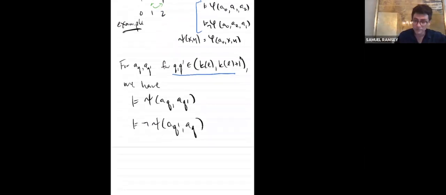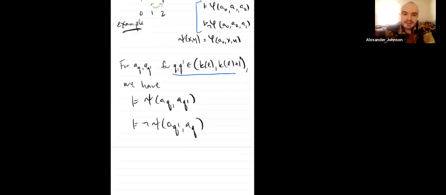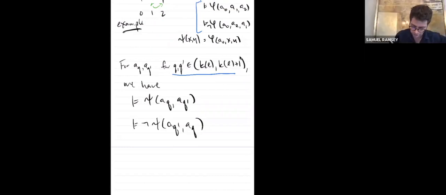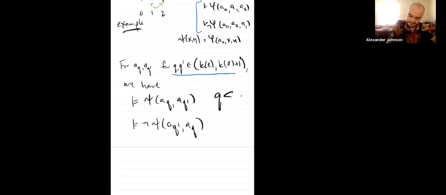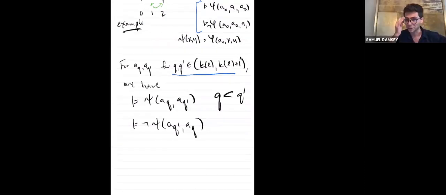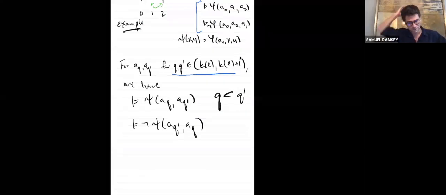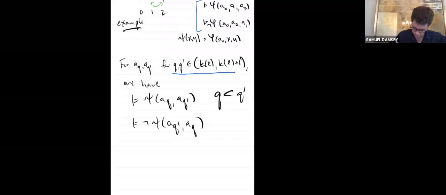So we want to say that psi of AQ prime is true when Q is less than Q prime. Exactly, thank you. Very good. Okay, and that means that C has the order property.